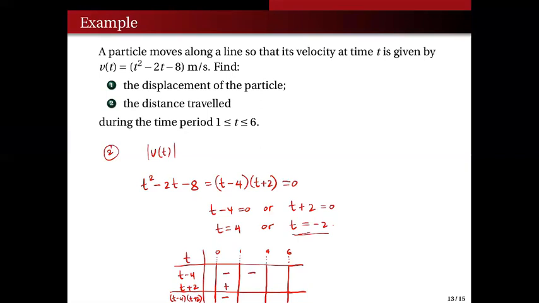And for the t plus 2, it's still positive. So if you multiply these two signs, you'll still get negative. At t equals 4, you will have 4 minus 4, that's 0. Which means that whatever number for the t plus 2, you'll still get 0 in here.